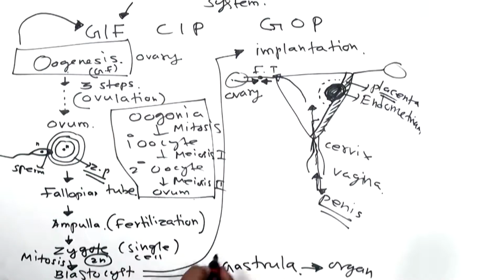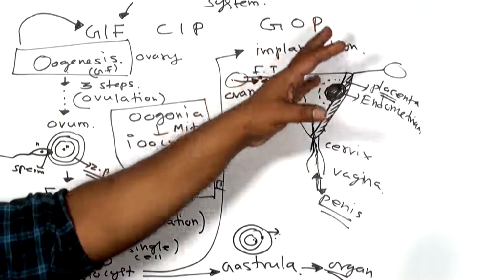In gastrulation, they form 3 layers of cells: ectoderm, mesoderm and endoderm. Some organs will be produced from the ectoderm, some from the mesoderm, and some from the endoderm. Through this organogenesis process, they produce the organs, and finally, at parturition, the baby will be released.